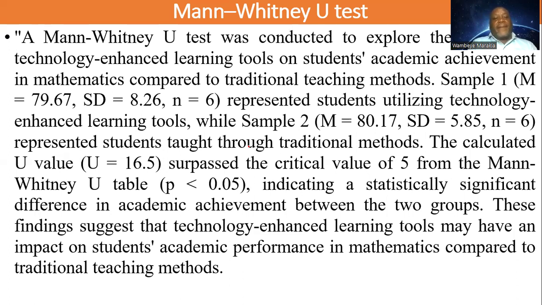These findings suggest that technology-enhanced learning tools may have an impact on student academic performance in mathematics compared to traditional teaching methods. This is how you report your findings from the Mann-Whitney test that you have carried out on both samples.